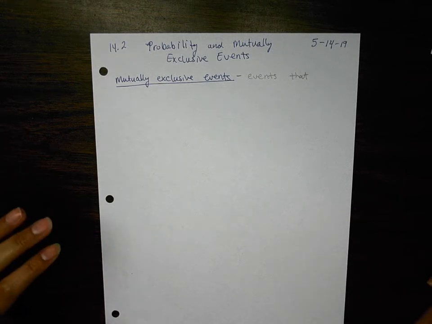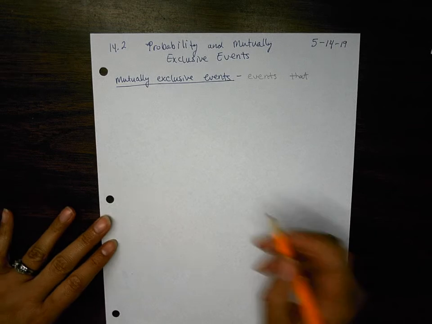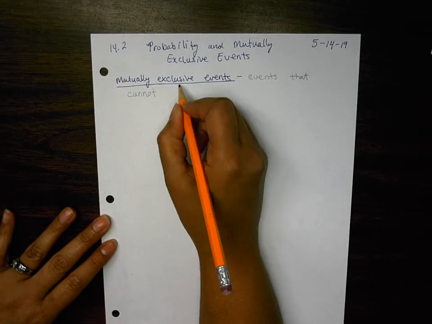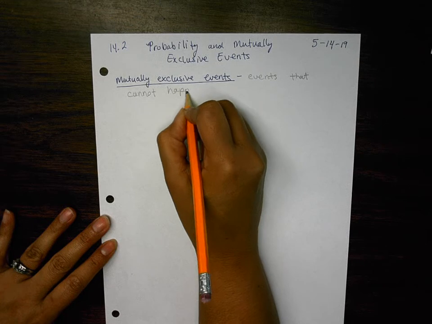I'm going to repeat it. If you had to choose events that they could happen together or they cannot happen together. Can. For mutually exclusive, it would be events that cannot. Cannot happen at the same time.